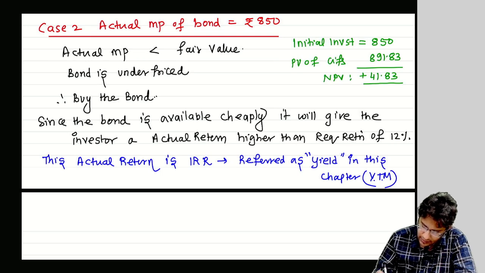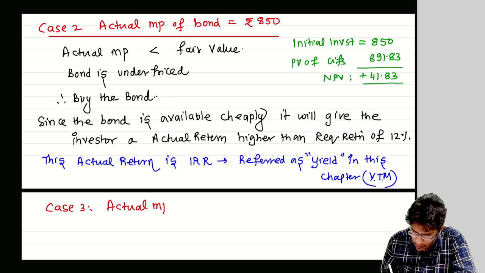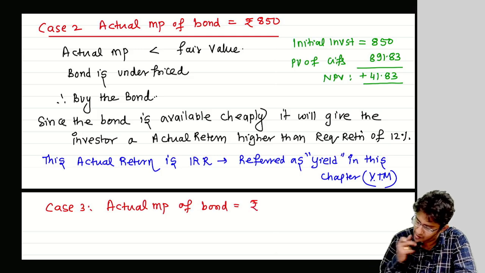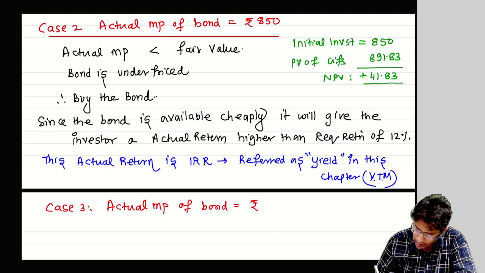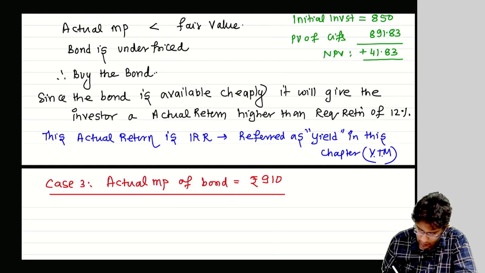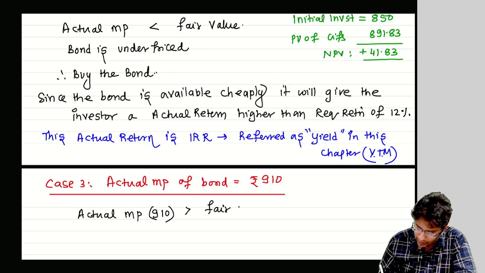Next thing, sir. Case 3. Actual market price of the bond is rupees 910. So actual market price 910 is seriously higher than the fair value of the bond.